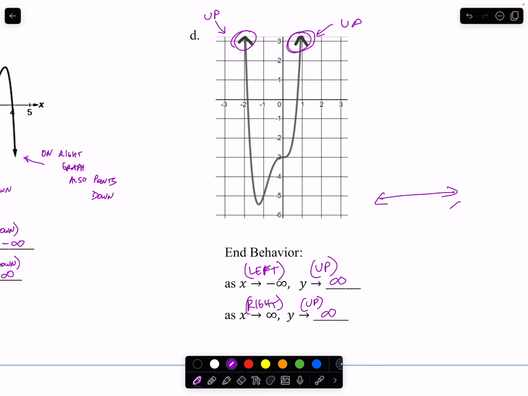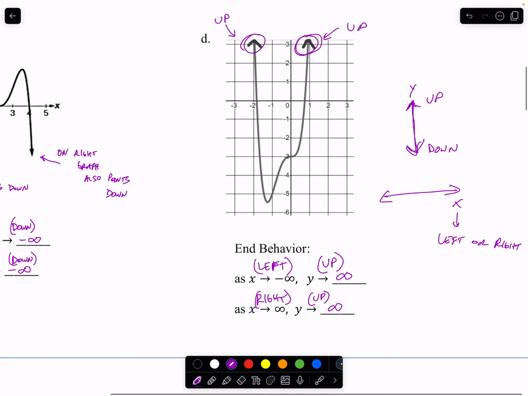The x-axis goes left and right, so x can only be left or right. The y-axis goes up or down. So the y can only be up or down. You can't say y goes whatever to try to mean right or left.